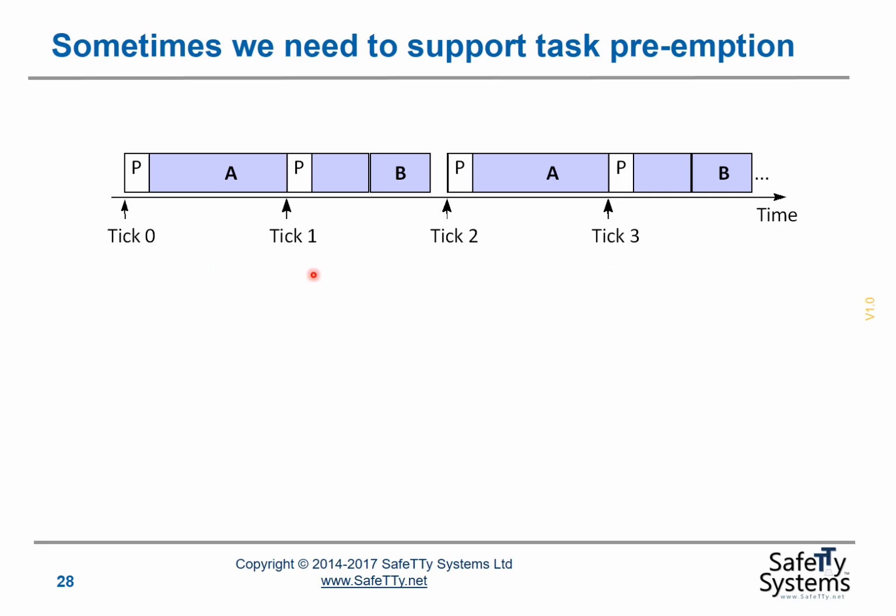So task A is interrupted by the preempting task, which has higher priority. Then task A resumes, then task B runs. Task B is also released by the dispatcher. Then at the start of tick 2, task P is released again from the timer ISR, from the scheduler ISR, and the process repeats.